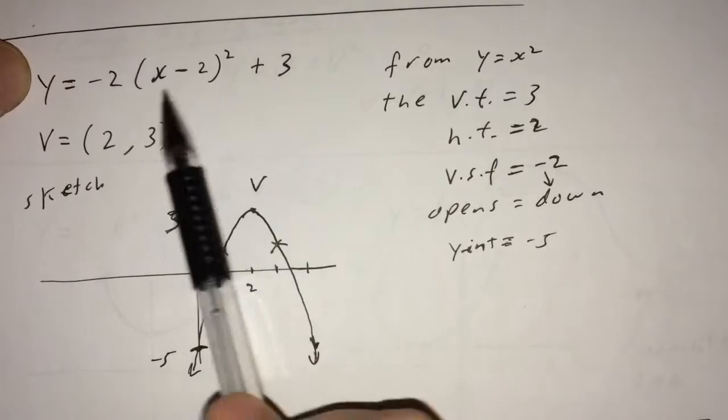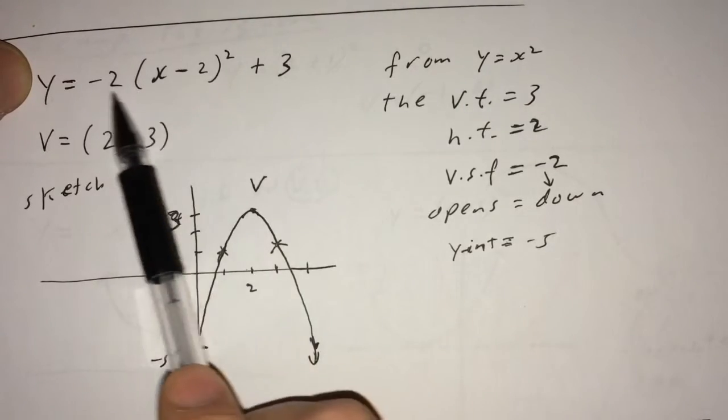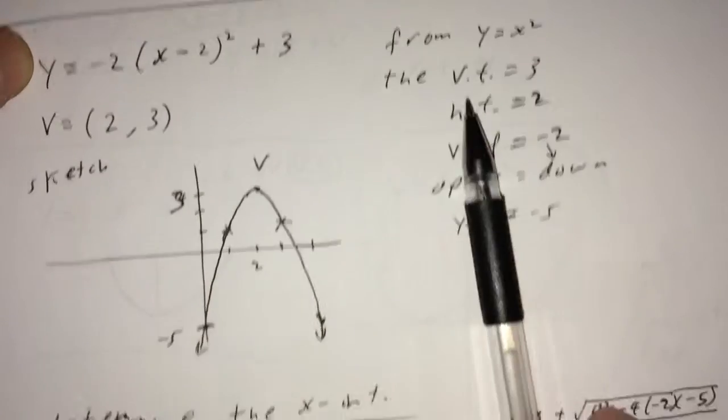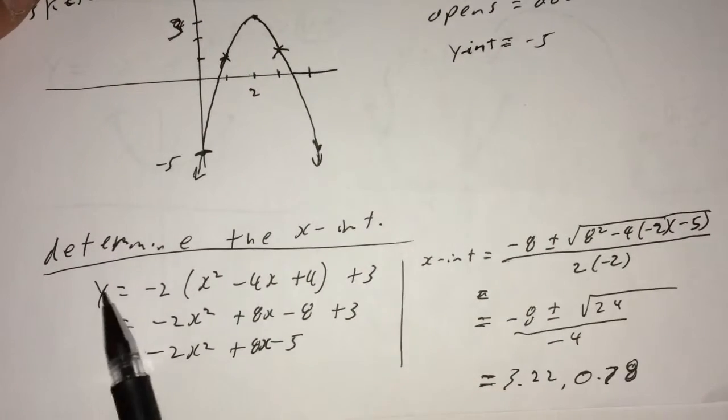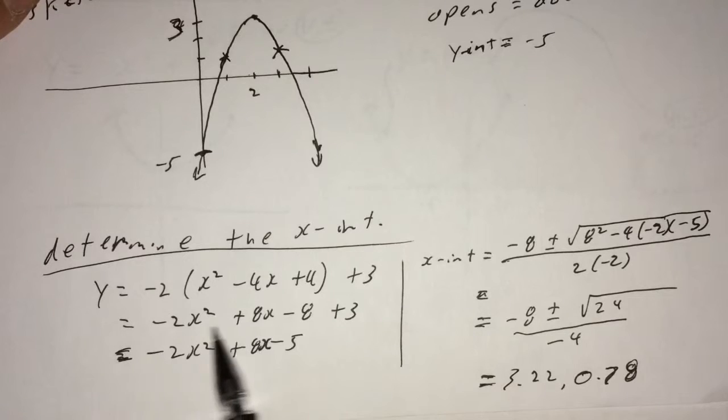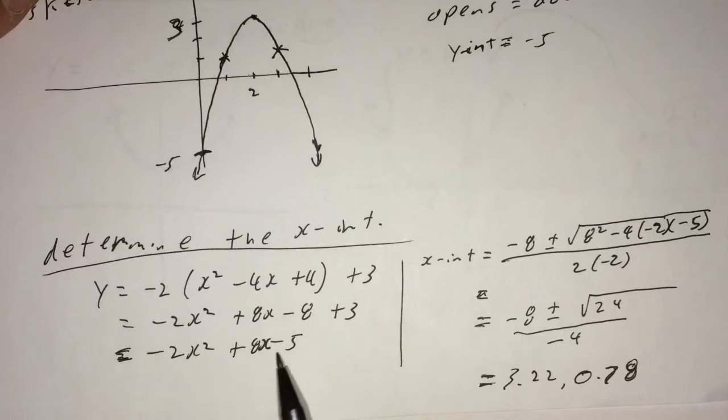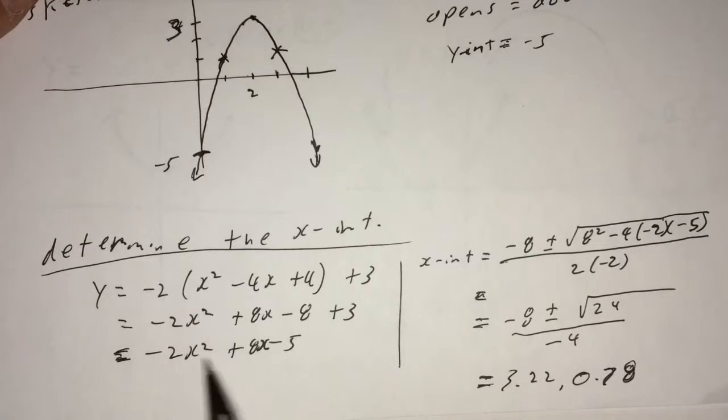So when y equals 0, you could then expand this all out, just as I've done here, until you get it into standard form. And if it's not factorable, which it's not, there are no two integers that multiply to give you 10 and add to 8.